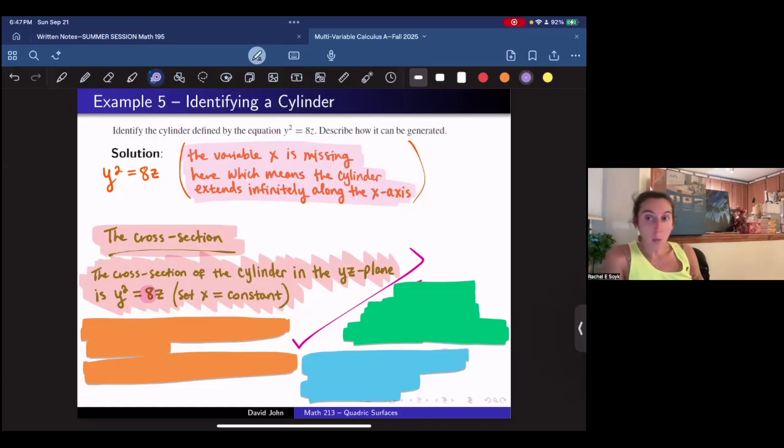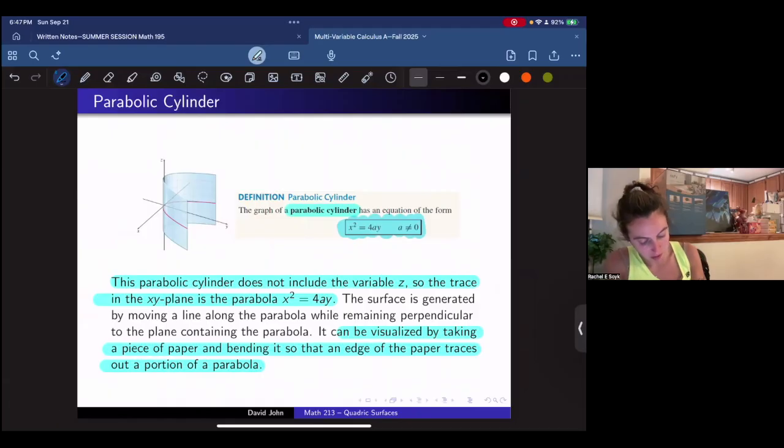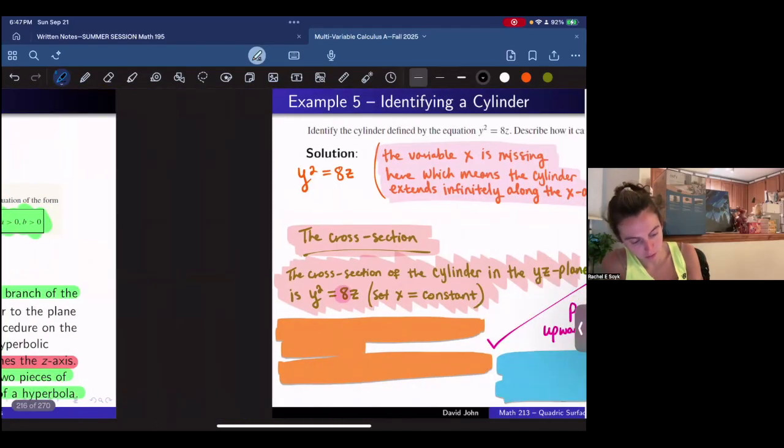Now, what form is this in? If you noticed, this is in our parabola sheet form, where you take a sheet of paper and you bend it upwards. We have that parabolic cylinder.